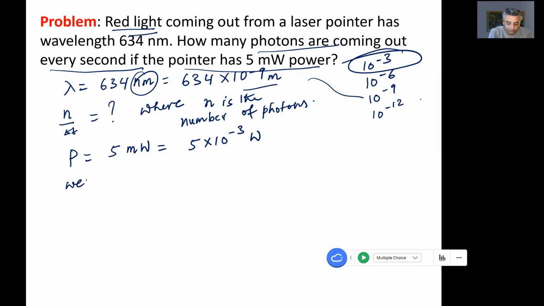So at what rate is energy coming out? Energy is related to work. In physics 1, you probably remember, if somebody is doing the same amount of work but faster, that person is using more power. So that's the rate of change of energy.